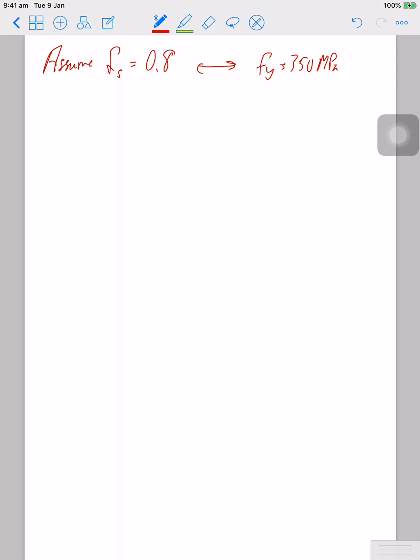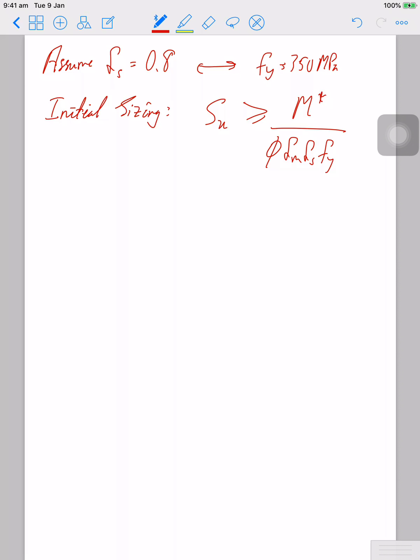So the first thing we do is initial sizing. Your Sx with an M star, phi alpha m, alpha s, alpha y.